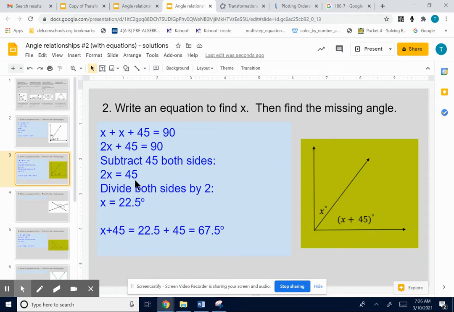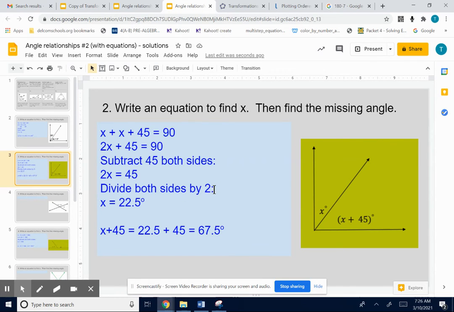The next problem: x and x plus 45 make up a right angle. So those two add up to 90. You could write x plus x plus 45 is equal to 90. Get your like terms together. x plus x is 2x. Now I showed the steps a little differently. Instead of writing subtract 45 and divide by 2, I just wrote it in words.